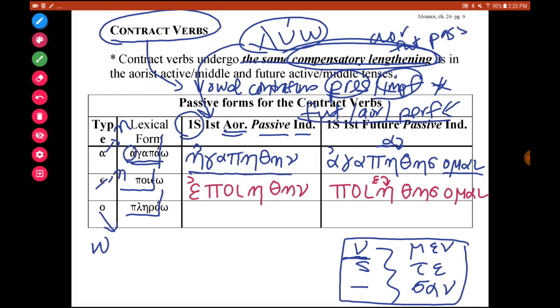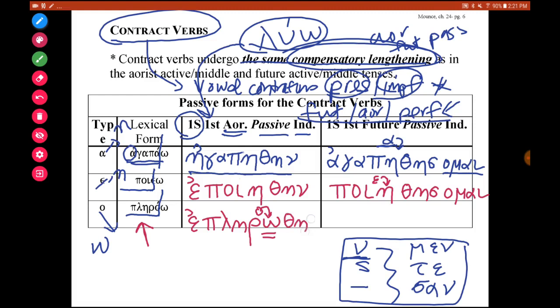And then if I have plerao right here, the first aorist, I was completed, I was filled, the aorist form, add my augment. Here's my stem plus, and it's an omicron compensatory lengthening. The omicron turns into omega, so the omega is how the omicron compensatory lengthens.